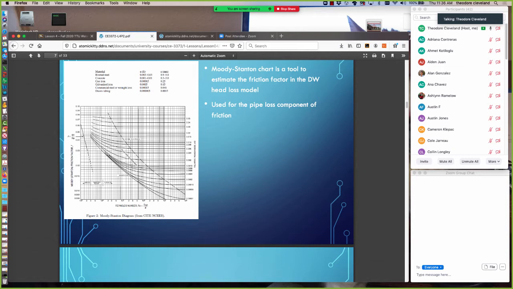We haven't talked about any of the fitting losses yet. So here is what the Moody chart looks like. It's a collection of curves, and each curve corresponds to a relative roughness, which is the material roughness height divided by the conduit diameter.